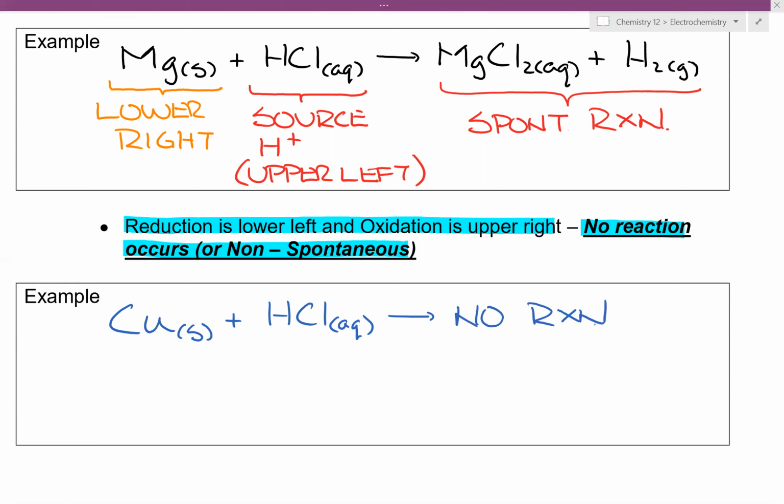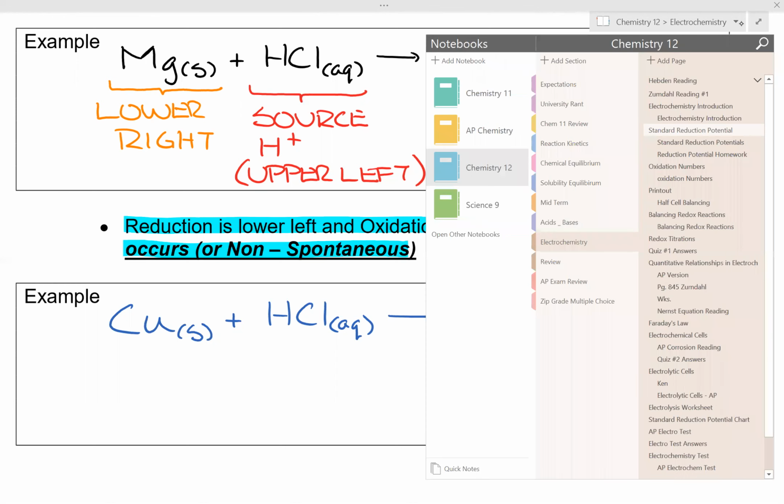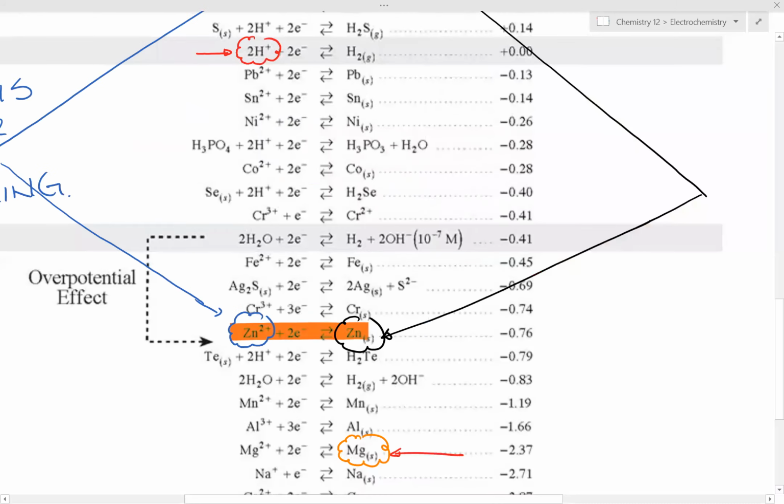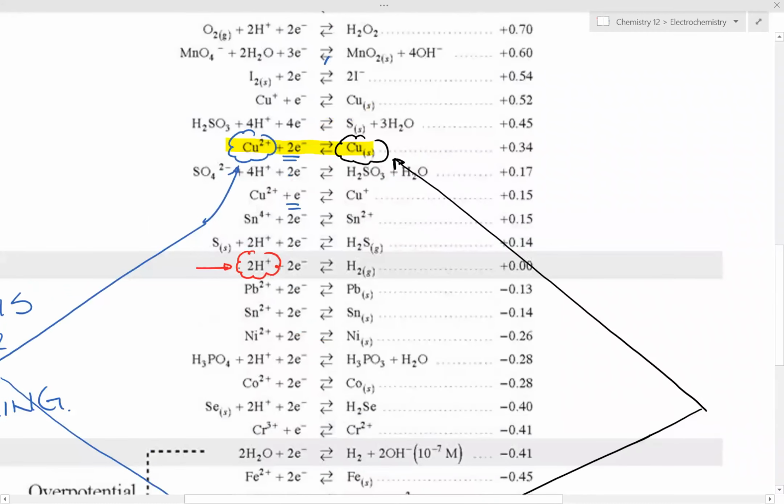Now, again, why is it? It is because of the location of copper solid and H+ on our standard reduction potential table. We have H+ right here; we've talked about it already. And notice the location of copper solid right here.